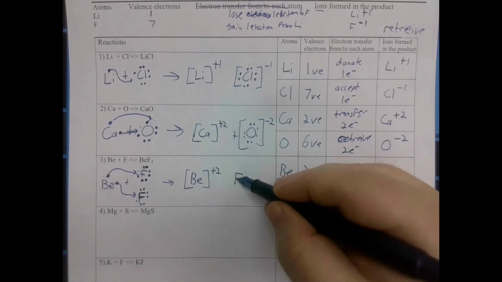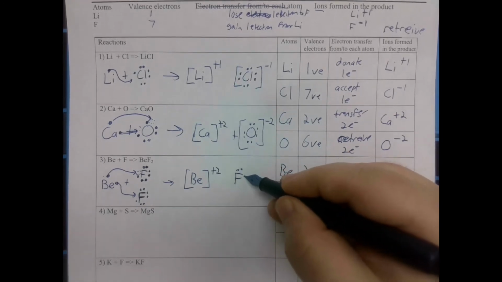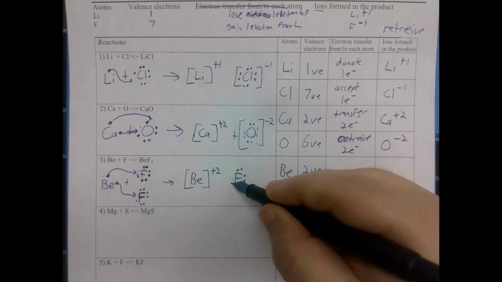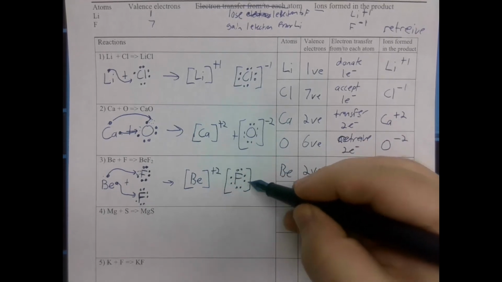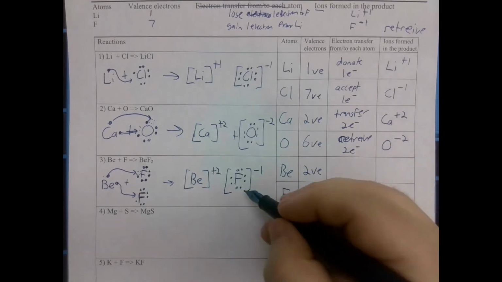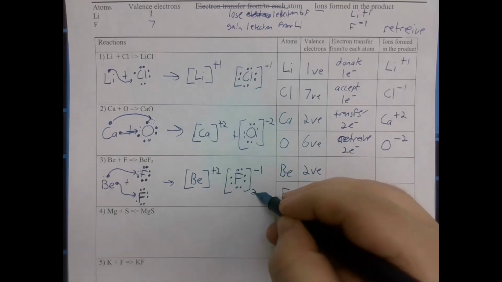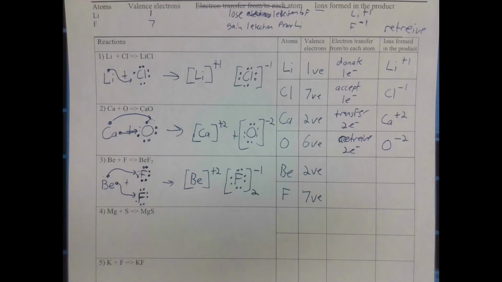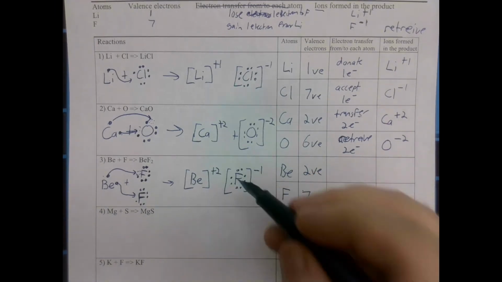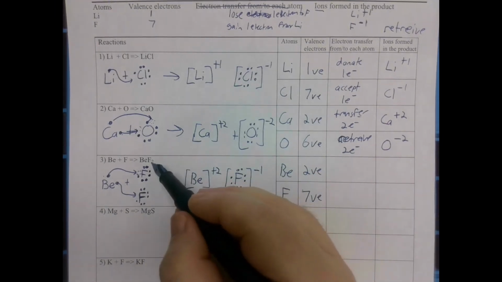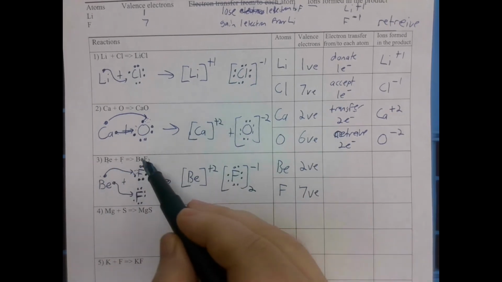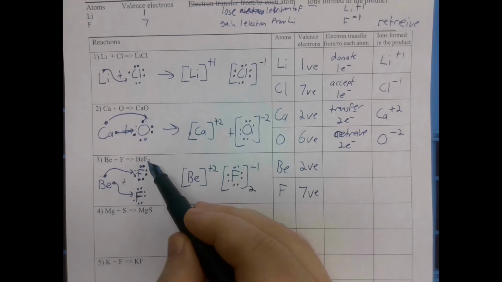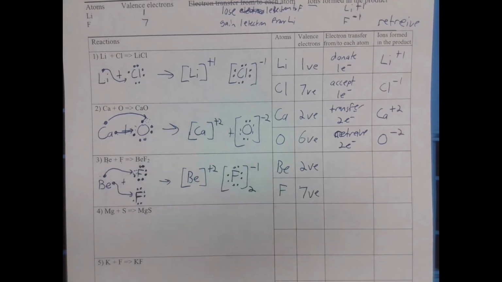And we're going to have 2 fluorines, each with what charge? Negative 1. So we indicate 2 by putting a subscript right here. So we see in the formula when beryllium interacts with fluorine, it becomes BeF2. There are 2 fluorine for every beryllium.